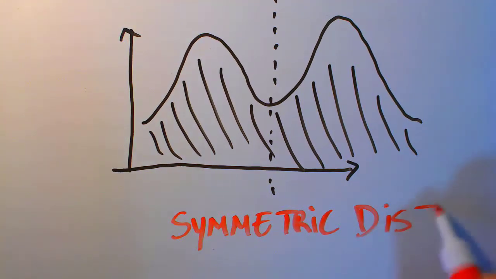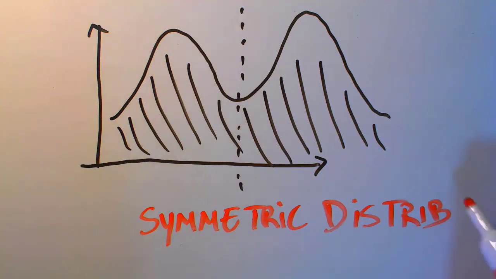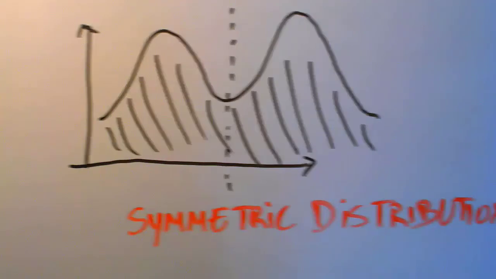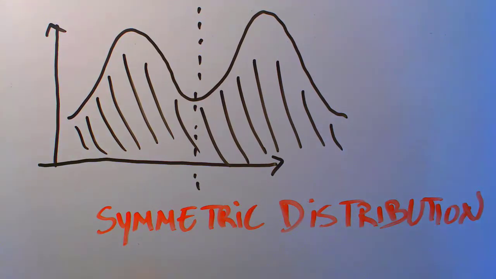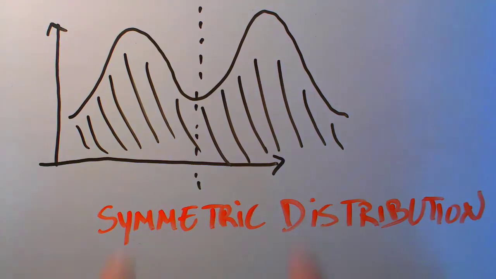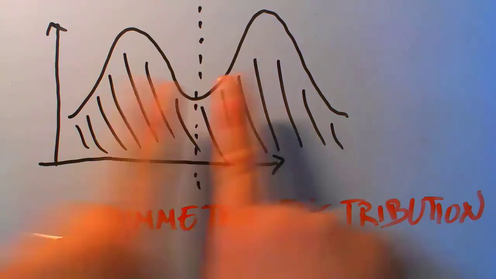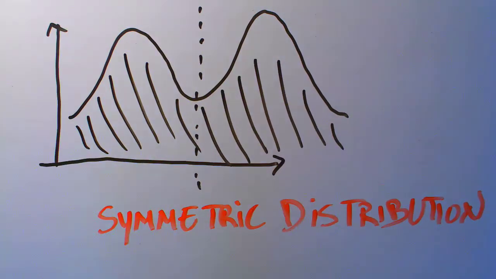You can recognize one clear center, and data are about equally divided on the two sides of that center. So it's a symmetric distribution, a big family of all those distributions that have the data equally divided on the two sides of a clear center.